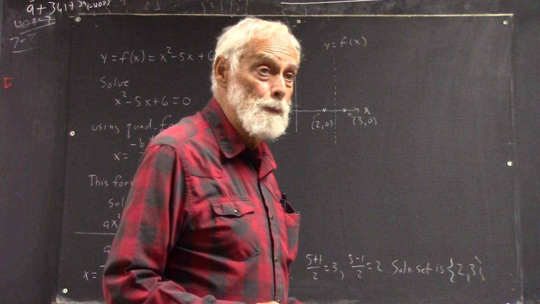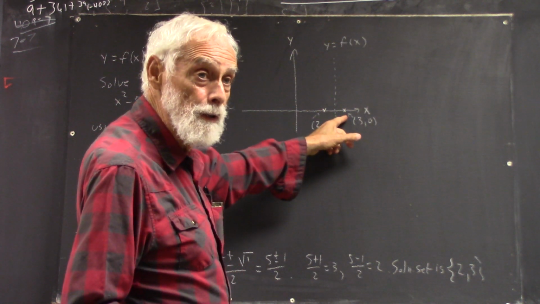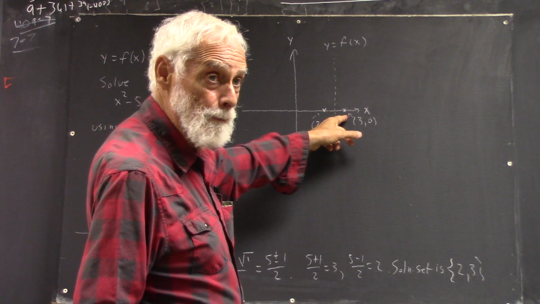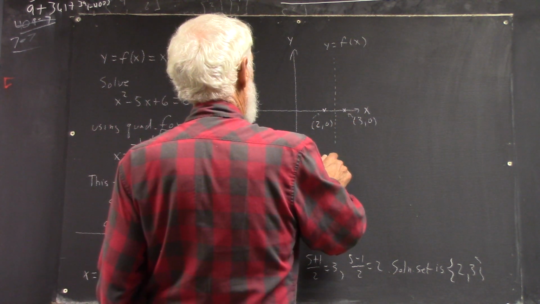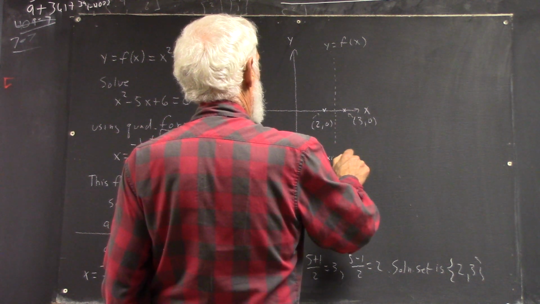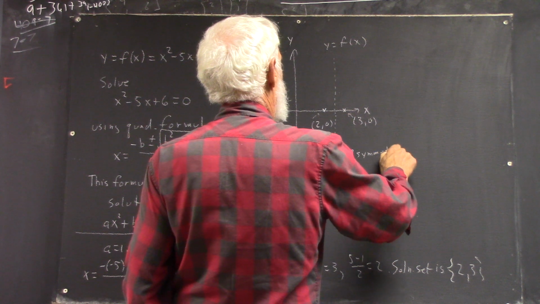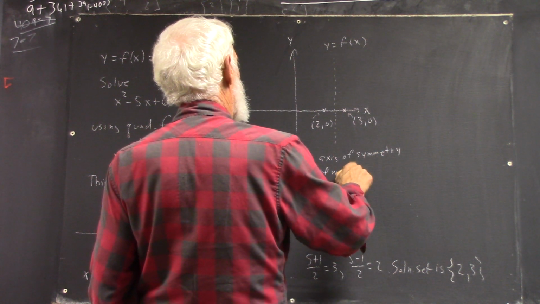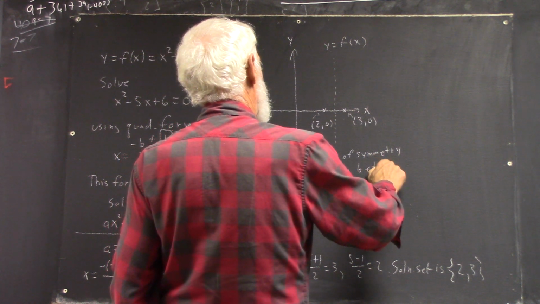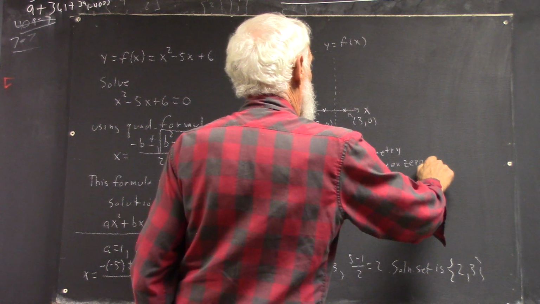And since it's an axis of symmetry, it has to be halfway between the two zeros that you get here. Okay? So the axis of symmetry is halfway between the zeros.